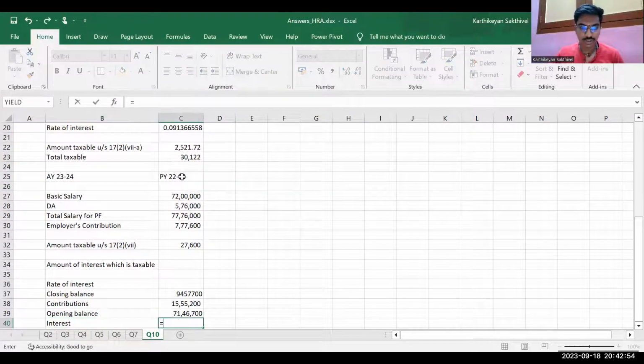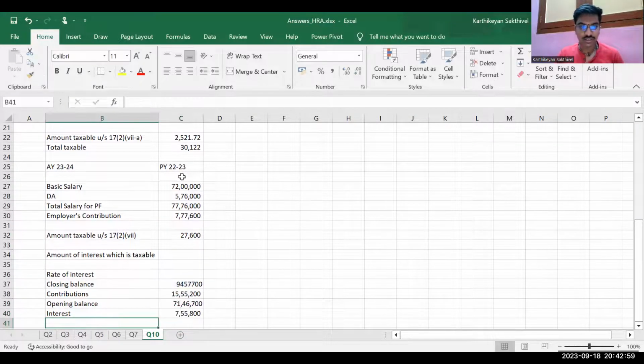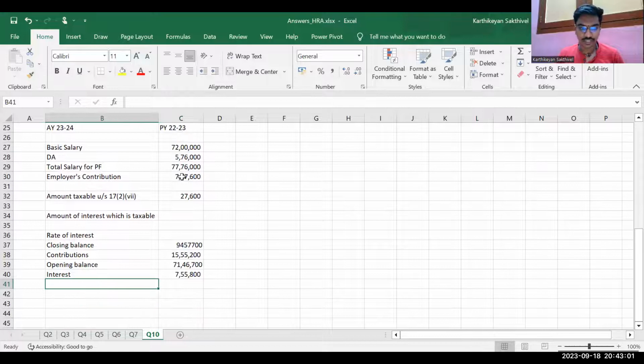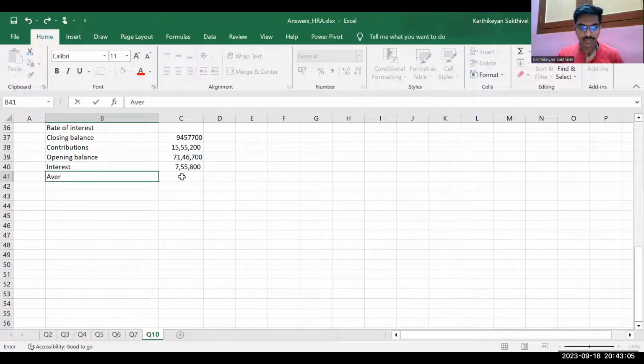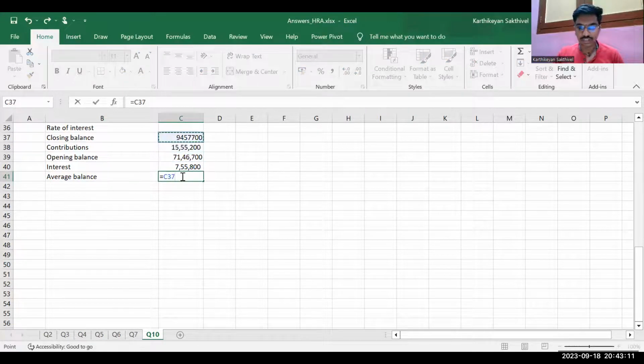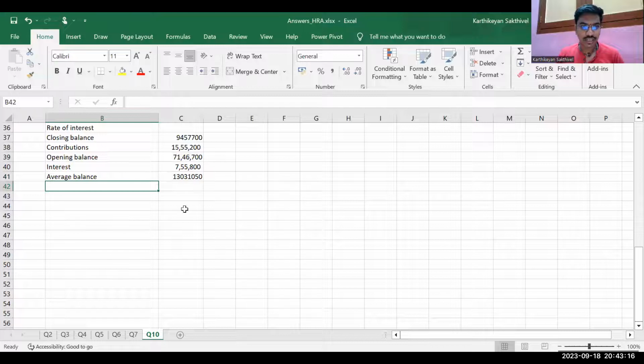So my interest is going to be this minus this minus this, which is 7,55,800. So average balance is nothing but closing plus opening divided by 2. This is going to be my average.